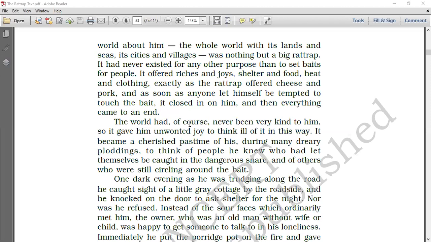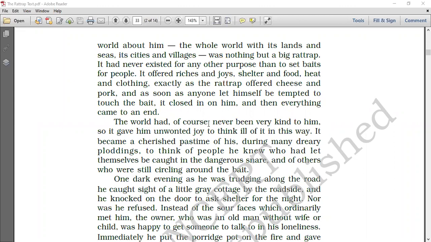Without knowing the beautiful life, without enjoying the beautiful life, they are dying, and of course they will die before getting everything. So here it offered riches and joys, shelter and food, heat and clothing, exactly as the writer offered cheese and pork. And as soon as anyone let himself be tempted to touch the bait, it closed in on him, and then everything came to an end. This is a philosophy. You understand that?